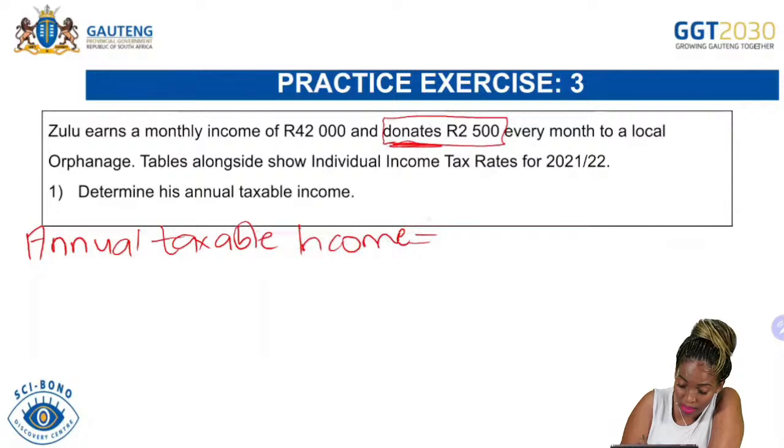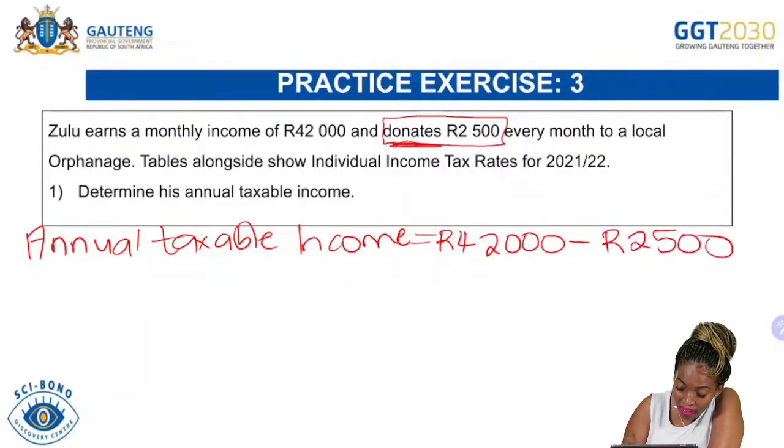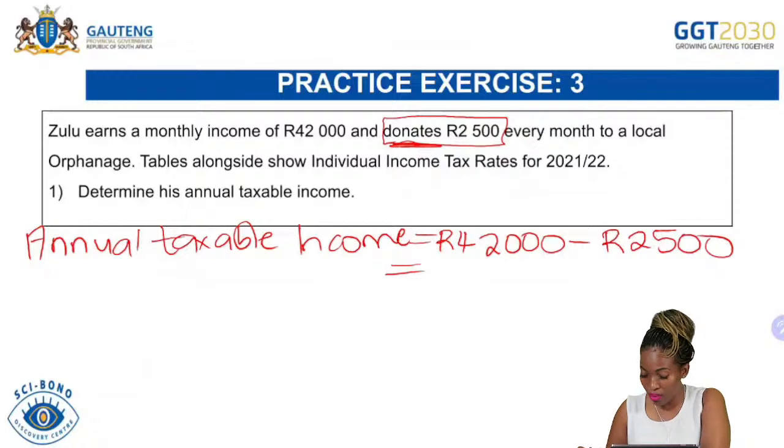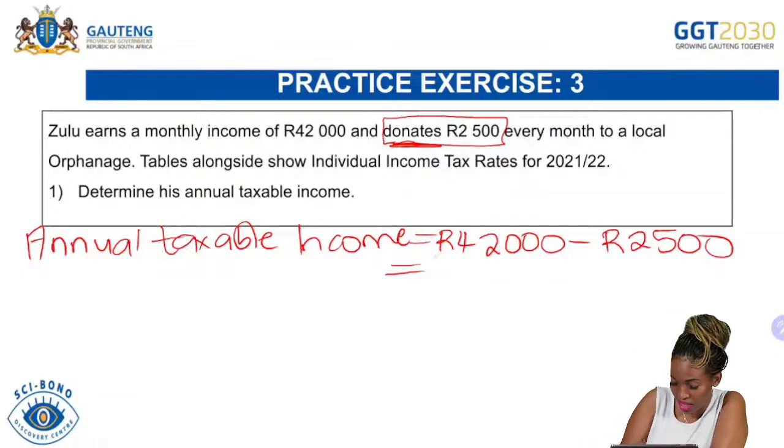So to say annual taxable income, we say 42,000, and then we subtract what? We subtract the 2,500, and then our answer would be 39,500.